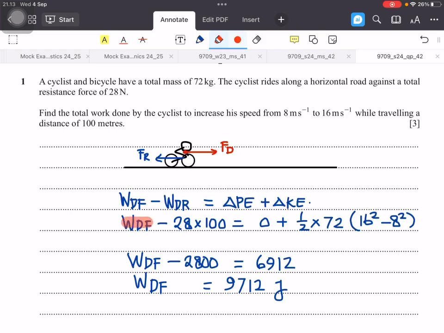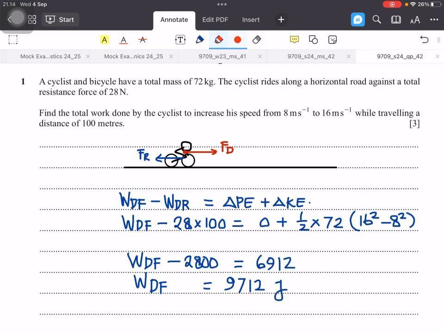So the work done by driving force minus the resistance force 28 newtons times the distance traveled 100 meters. And then because the cyclist cycles on a horizontal road, there is no change in potential energy. Therefore, the delta PE is 0.